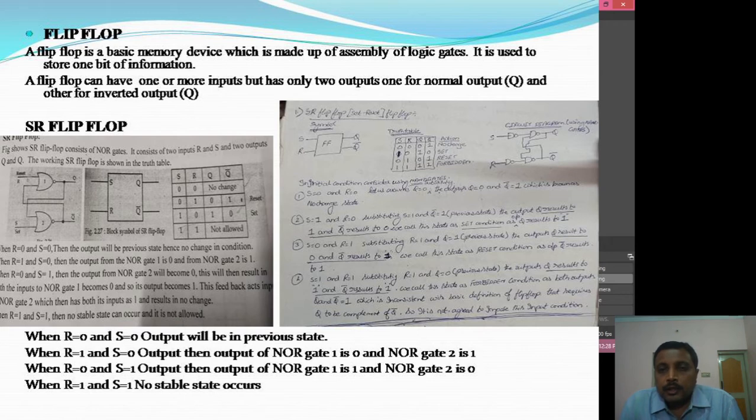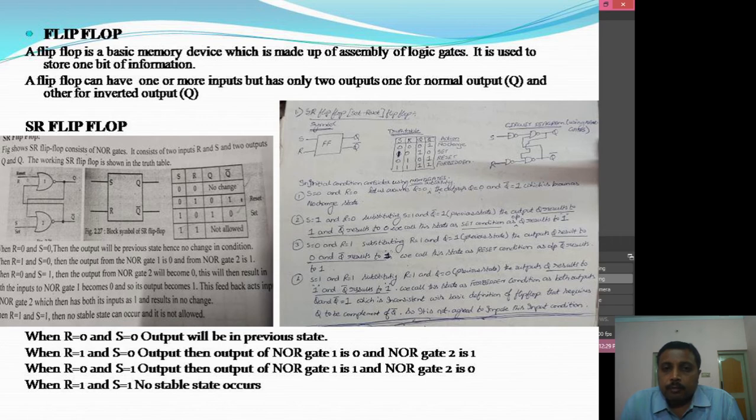Also we have S equal to 1 now for the first NAND gate. So the output of the first NAND gate is 0. Also Q bar has already changed its state to 1, which is fed as input to the second NAND gate. So 1 into 0 is nothing but 0. Complement of it is 1. So Q becomes 1. So Q and Q bar are both 1, which we will call the forbidden state.